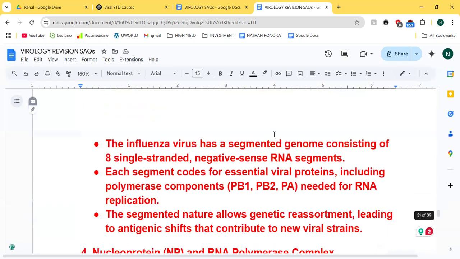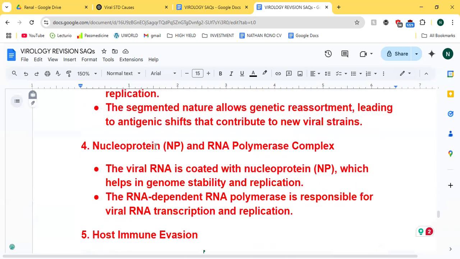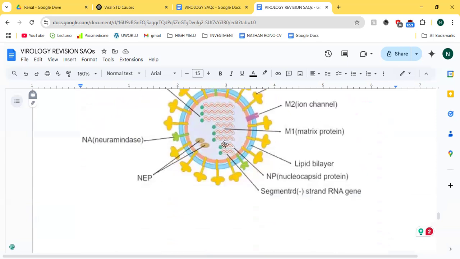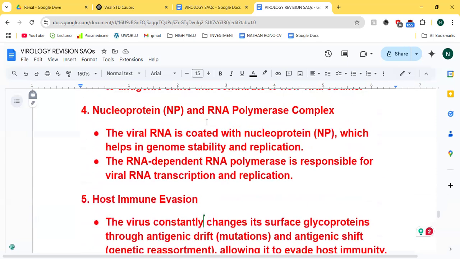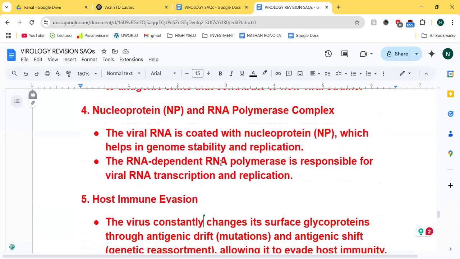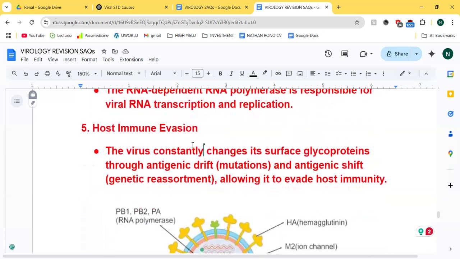And then we go to nucleoprotein and RNA polymerase complex. So this one and this complex. Viral RNA is coated by nucleoprotein, which helps in genome stability and replication. Then RNA-dependent RNA polymerase is basically for RNA transcription and replication.